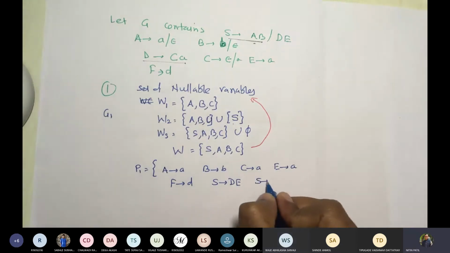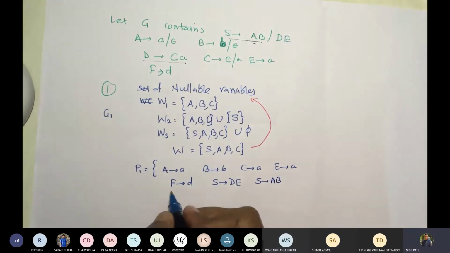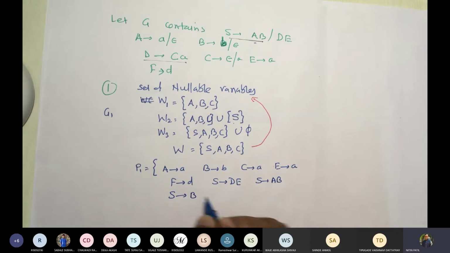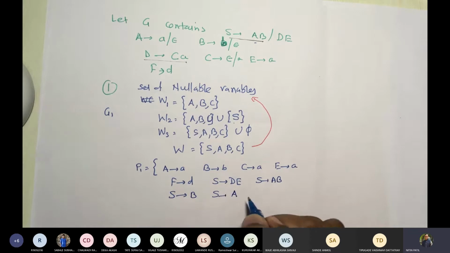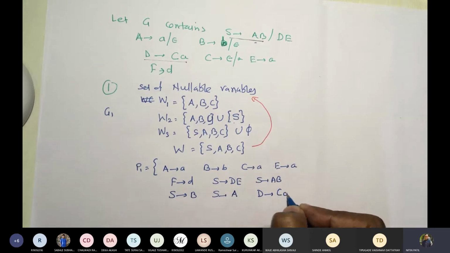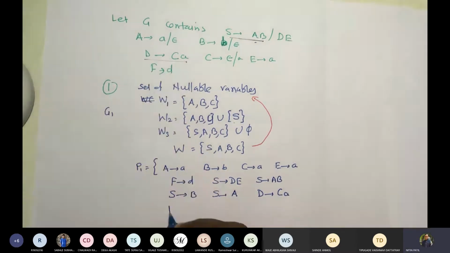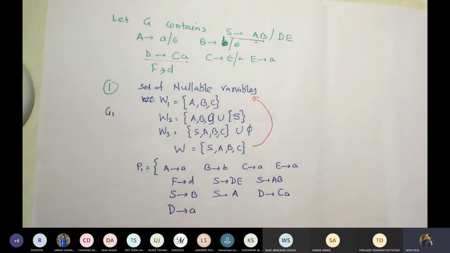So we will write S gives AB as it is. Then if I put A to be epsilon, I will write S gives B. If I put B to be epsilon, I get S gives A. Correct. Now for D, we have D gives CA. If I put C epsilon, then I will get D gives A. Correct? Am I right?